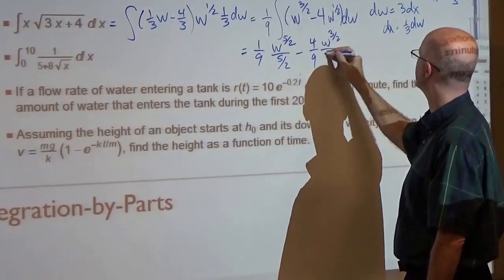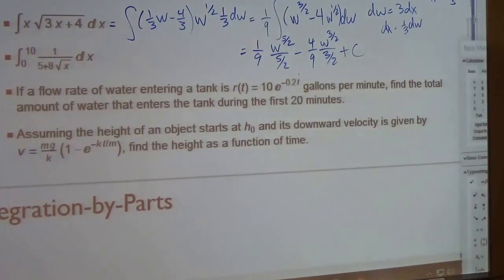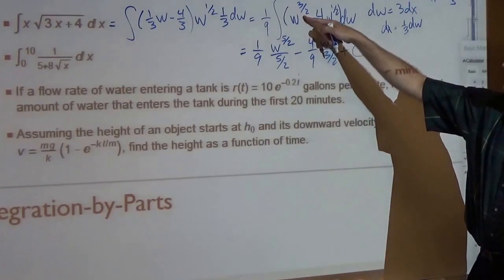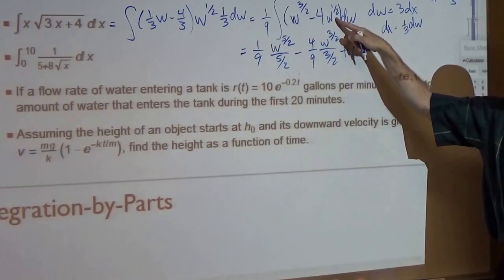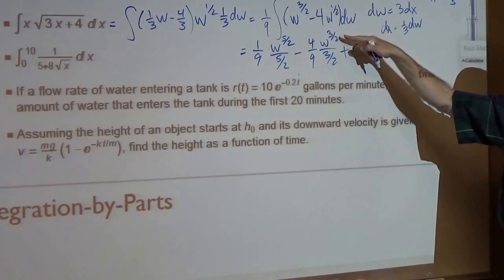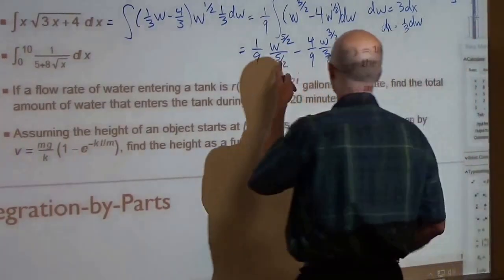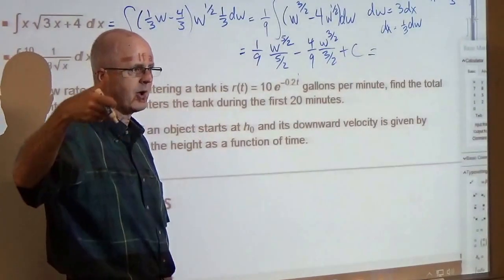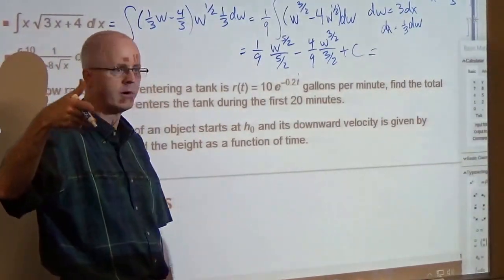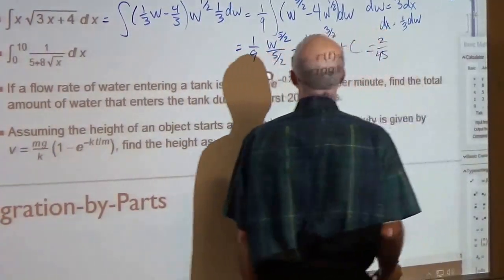Be careful, it's easy to make a mistake here. See what I did there? Add 1 to that exponent, 3/2 plus 1 is 5/2, divide by that same number. Add 1 to that exponent, 1/2 plus 1 is 3/2, divide by the same number. Careful with your fractions. Dividing by 5/2 is the same as multiplying by its reciprocal, 2/5 in front. 2/5 times 9 is going to be 2/45. w to the 5/2.